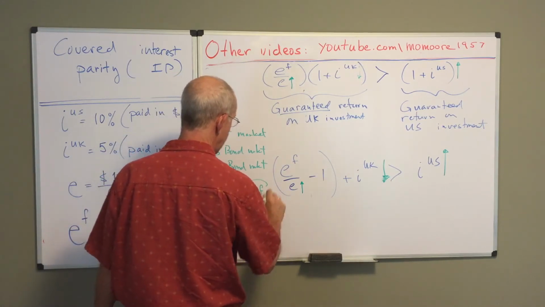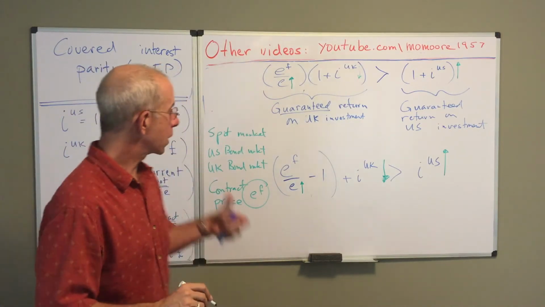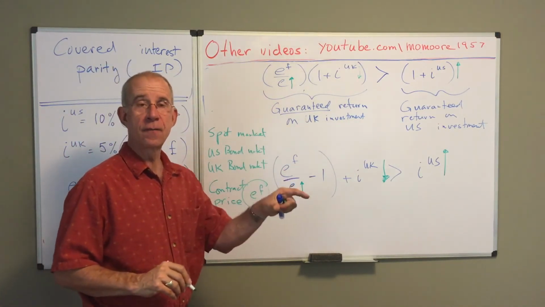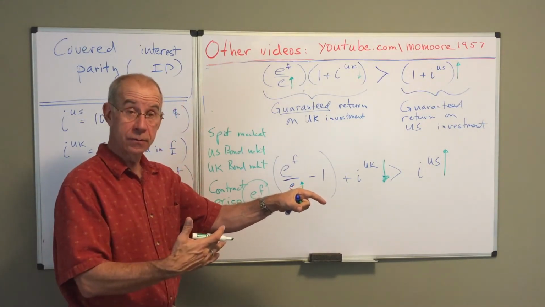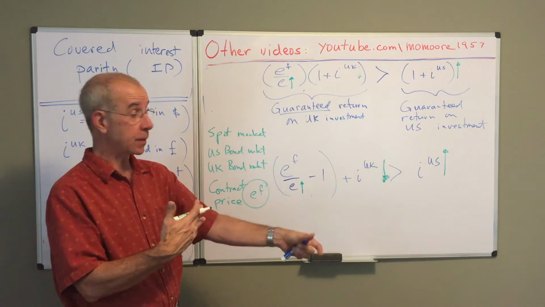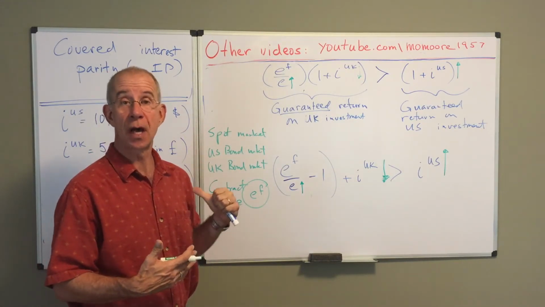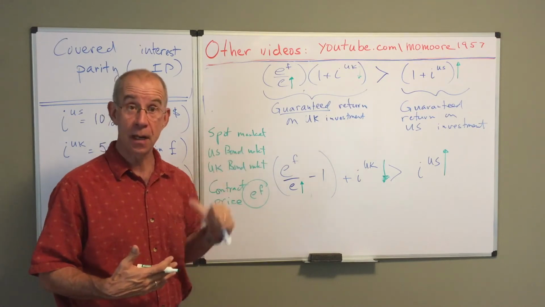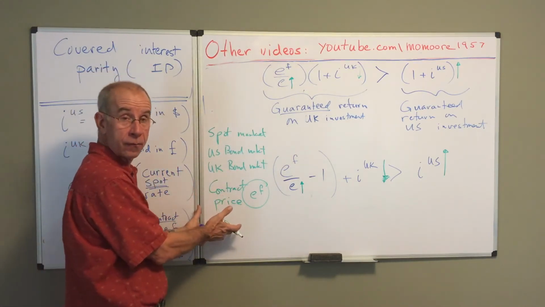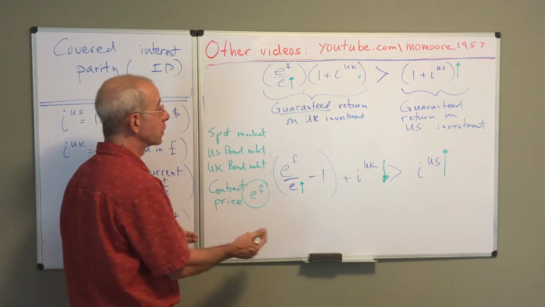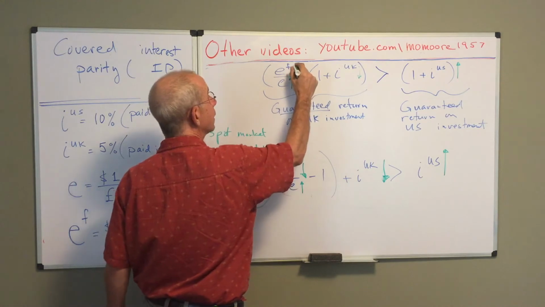Okay. EF. What you have is lots of Americans who are contracting for the delivery of dollars in the future. They are going to come with pounds from their UK investment and turn those pounds into dollars in the future. This increase in the demand for dollars in the future is going to tend to pull EF down.